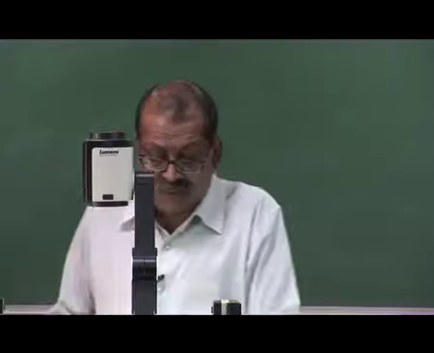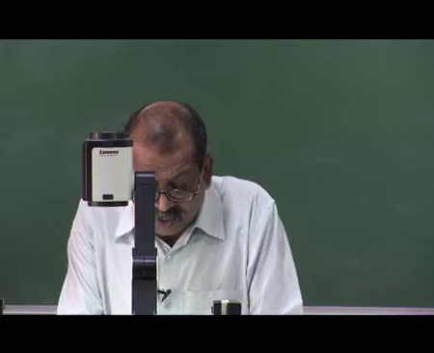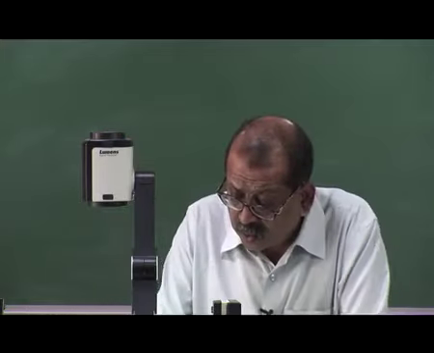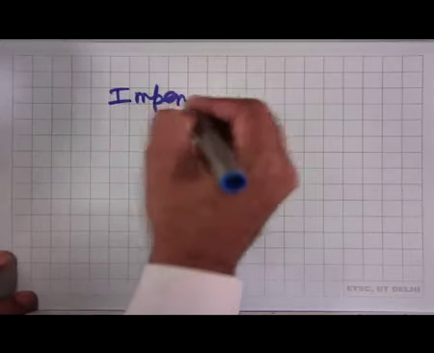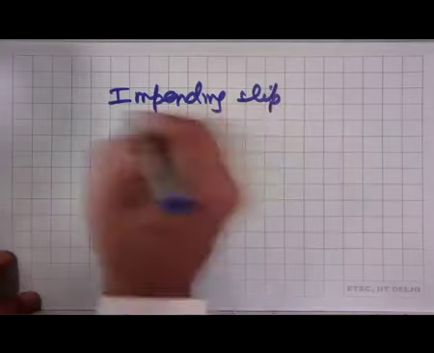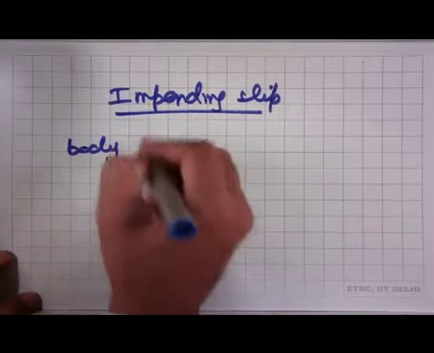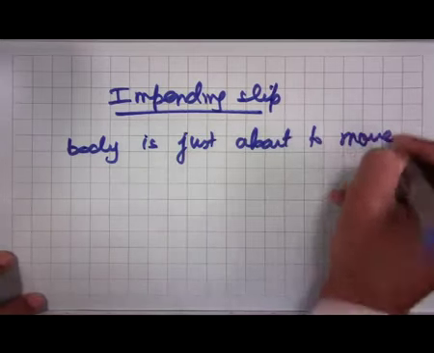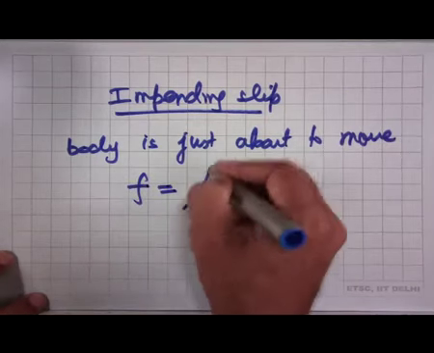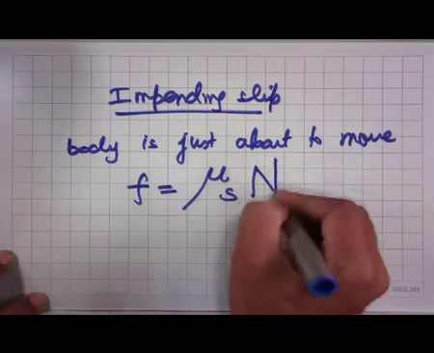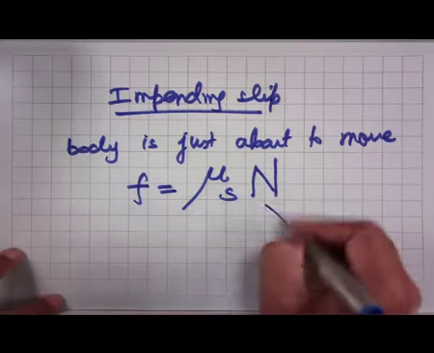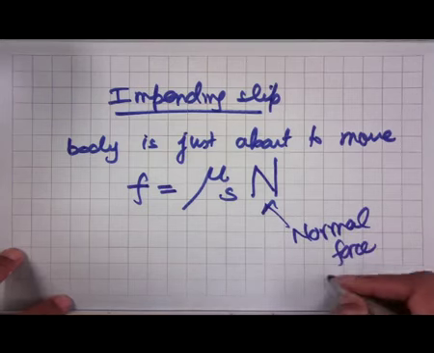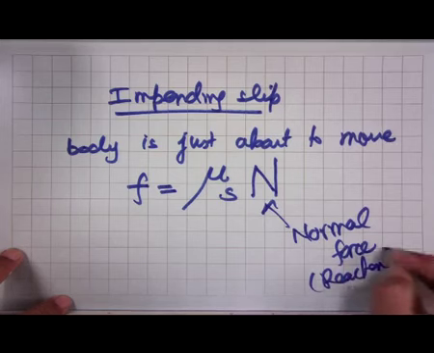And what Coulomb got to us, in Coulomb's laws, is that when we have impending slip, that means the body is just about to move, then the force of friction is equal to a constant mu s times N, where N is the normal force or normal reaction on the body.